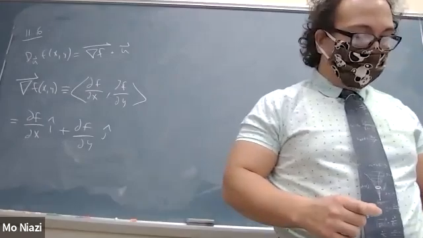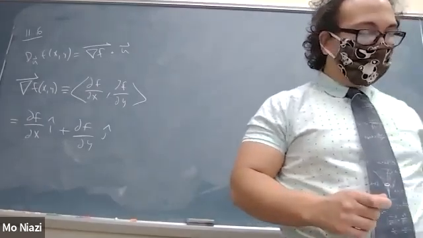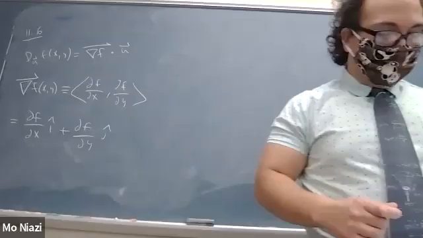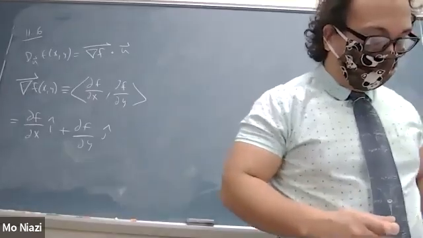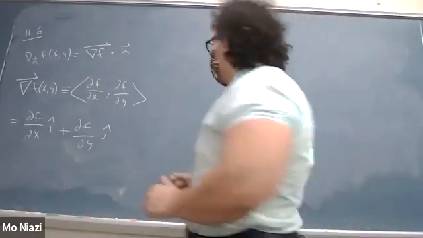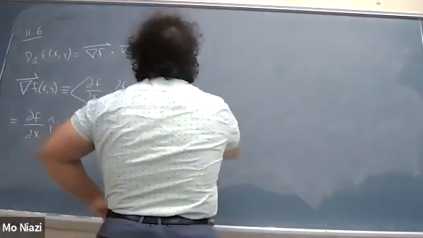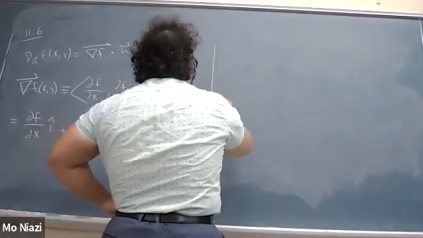So the book does a derivation of the directional derivative. I'll do a quick one. Basically, the concept behind the directional derivative is, remember when we had like a level surface?